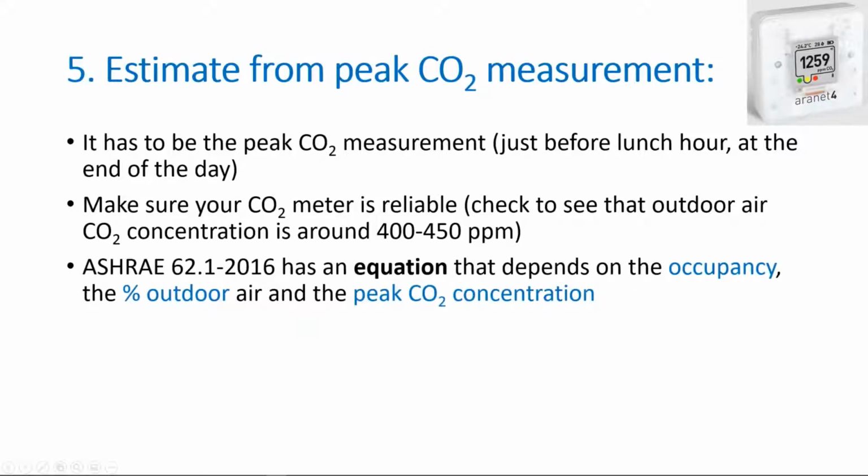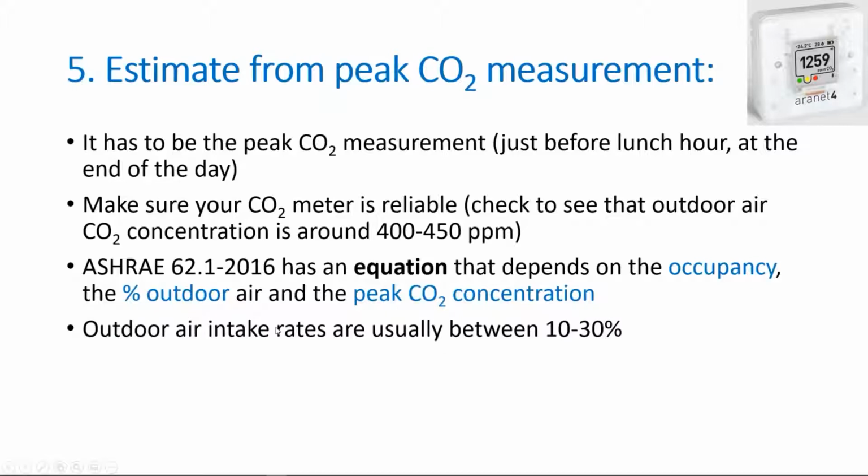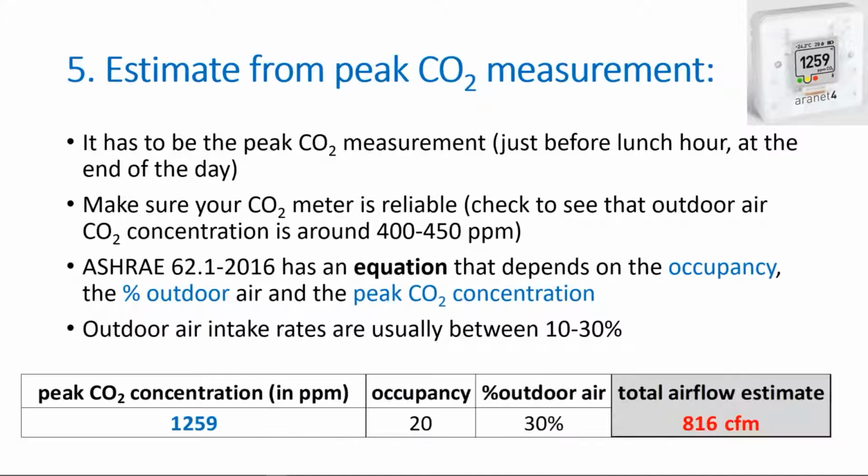Now, ASHRAE has an equation that lets you figure out how much air is coming into a room based on the occupancy, the percentage outdoor air, and the peak CO2 concentration. Now, outdoor air intakes are usually somewhere between 10 to 30%. If you don't know, you can just take 20% or do it 3 times, 10, 20, and 30%, just to see how it varies.